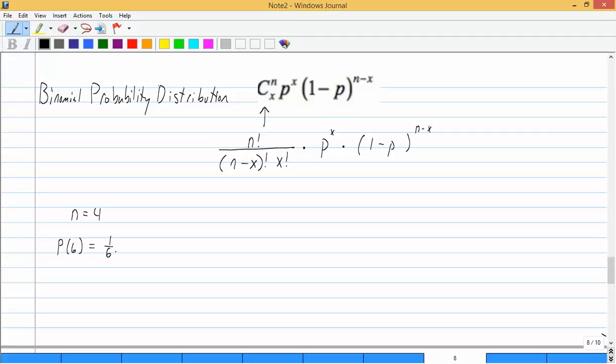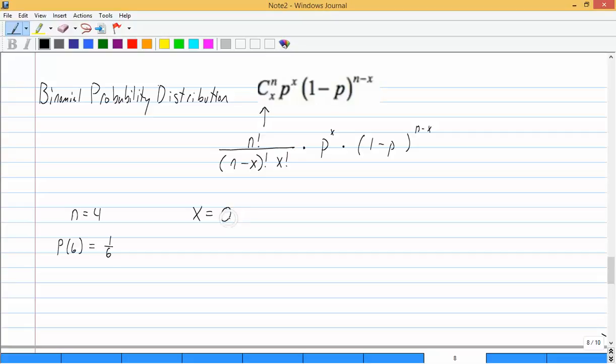So that is our P. What is the probability of not getting a 6? 1 minus P. So if I want to know the probability of getting no 6, where the random variable is 0, that would mean getting no 6, right?